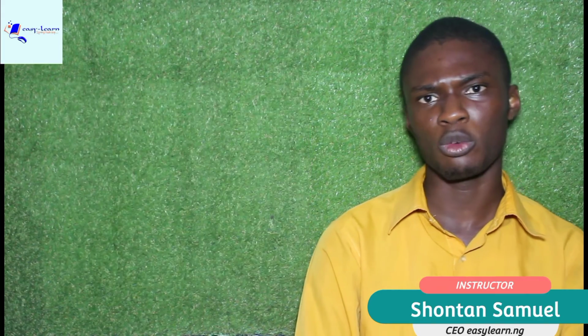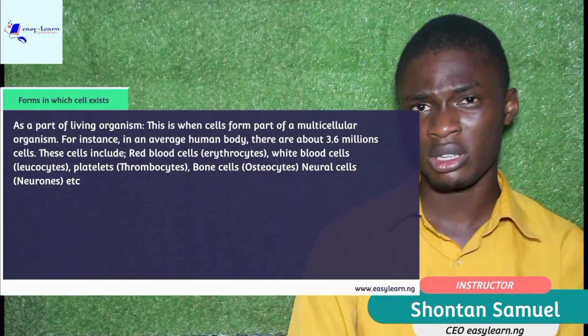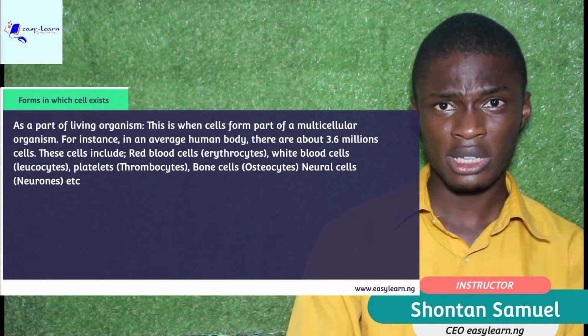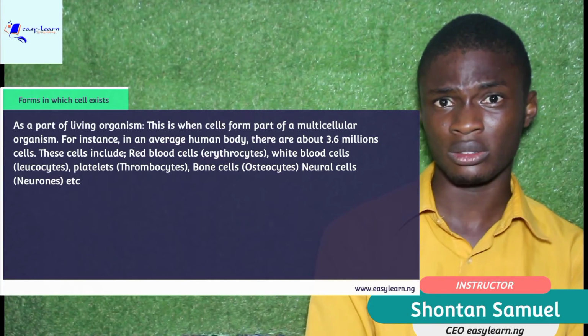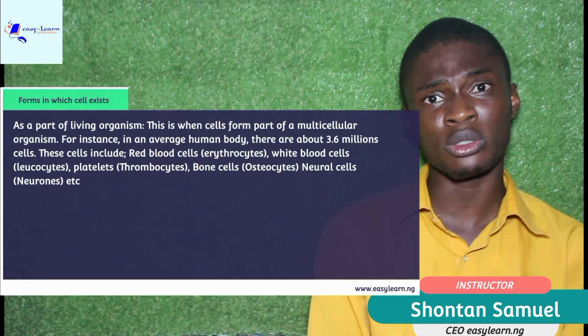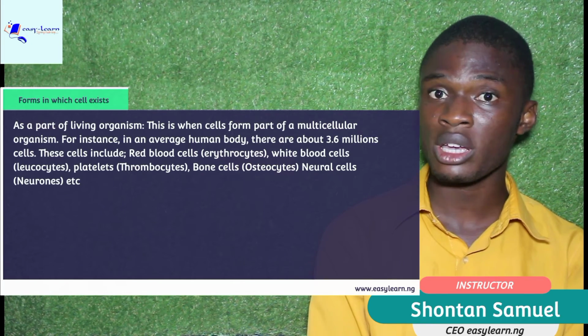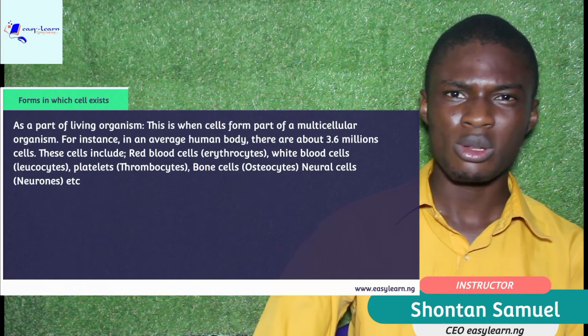I'll move to the last form in which cells can exist, and this is as a part of living organisms. This is when cells exist in multicellular organisms. For instance, in human beings, we have millions of cells in our body. In our blood, for instance, we have the red blood cells or erythrocytes, the white blood cells or leukocytes, and the platelets or thrombocytes. Just in our blood alone, we have cells.